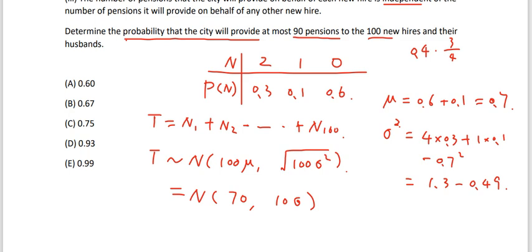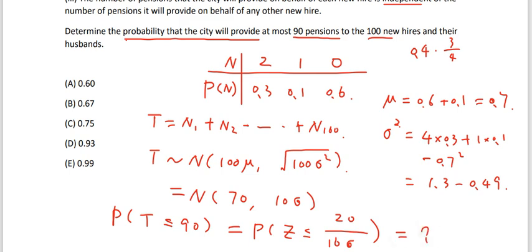What we want to find is the probability that T is at most, so less than 90. Changing this to a standard normal, Z is less than 90 minus mu, 20, over 10 sigma.